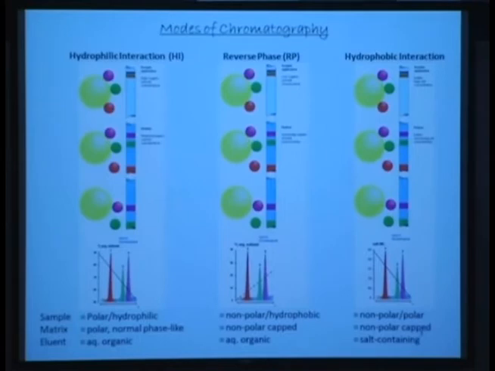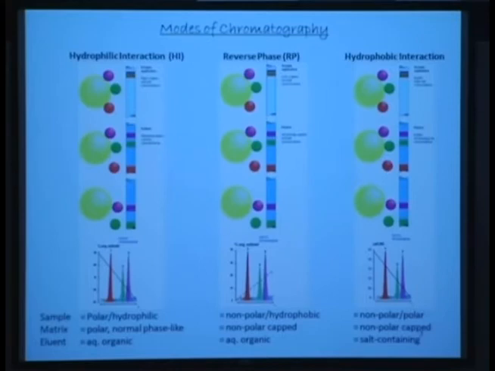For the most part, glycans are fairly polar, and therefore typically if you simply take glycans by themselves, this technique is not useful. Okay, so keep that in mind.